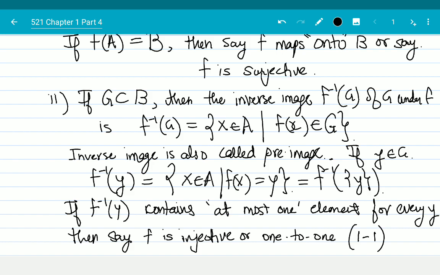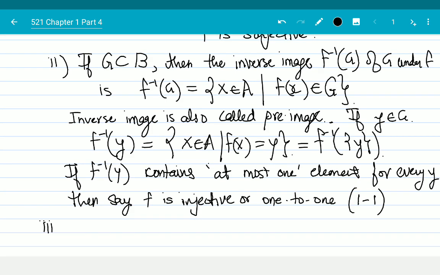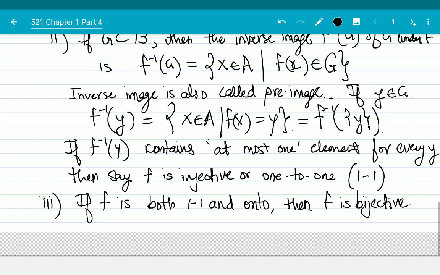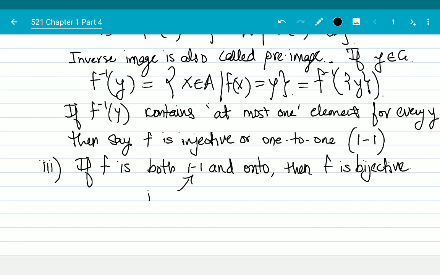And if a function is both 1-1 and onto, then F is bijective. So 1-1 is injective, onto is surjective, and in that case F is bijective.